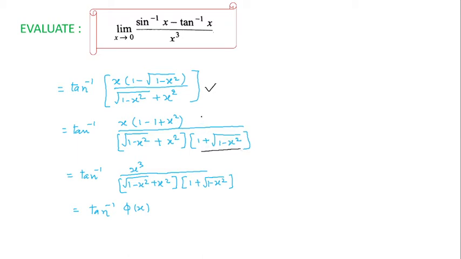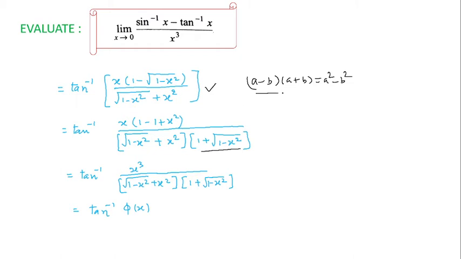Using a minus b into a plus b is equal to a square minus b square, the numerator becomes 1 minus 1 plus x square.